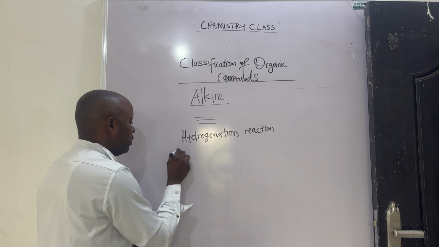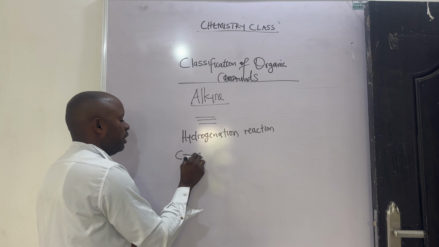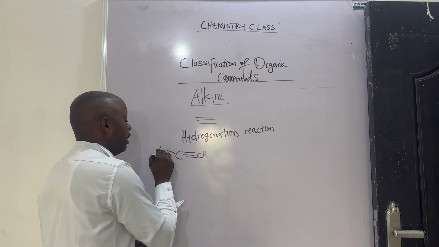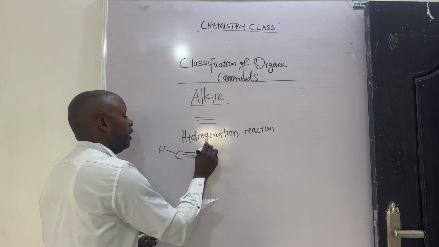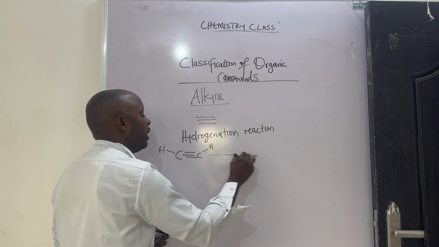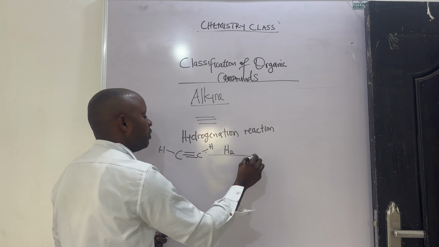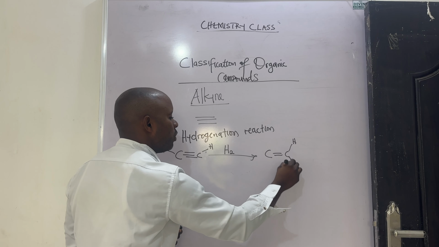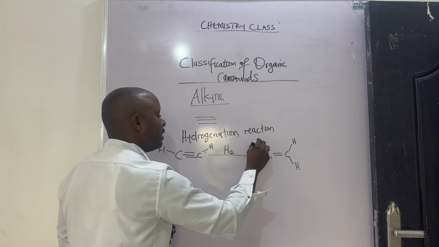So for instance, let's use a very good one, carbon triple bond carbon, with hydrogen here. When it is hydrogenated, we're going to have one of the bonds broken and ethene first.